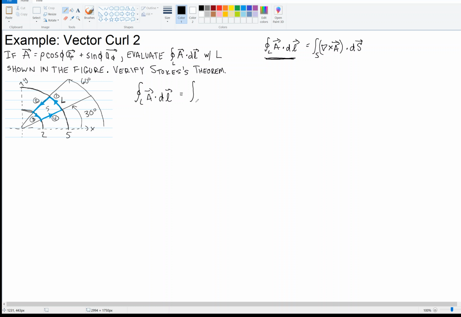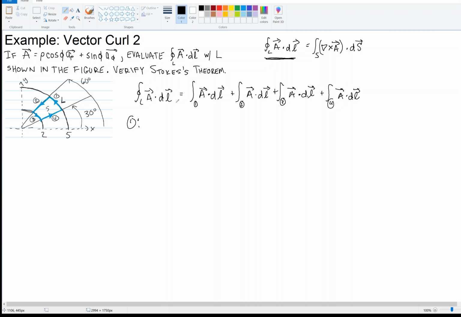So we're going to integrate over segment 1, A dot dl, plus the integral over segment 2, A dot dl, plus segment 3, A dot dl, plus segment 4, A dot dl. Okay, so let's start with segment 1.